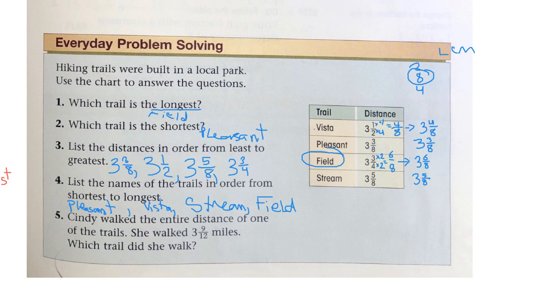Let's see if we did that. So if we divided them both by 3, that would give us 3/4. So really, she went 3 3/4 of a mile, and 3 3/4 matches Field, because Field is 3 3/4.